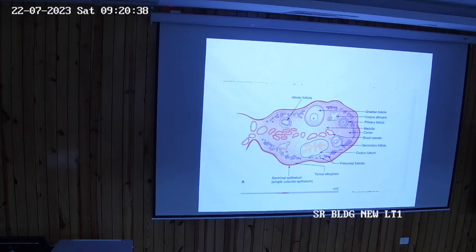At the same time, this outer part, these follicular cells, also thicken and start differentiating into the theca interna and theca externa.